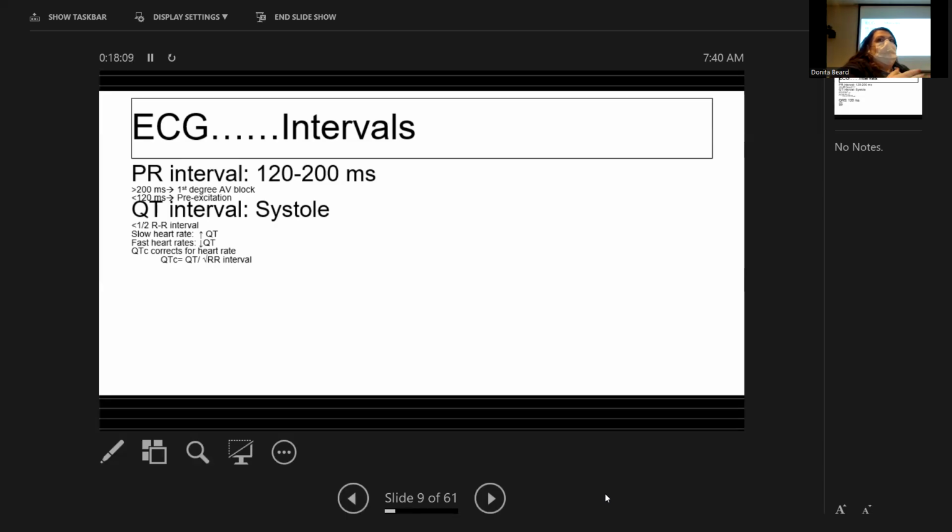The eyeball test is if the QT interval is less than half of the RR interval, then it's probably normal. But if between the 2 QRS complexes the QT appears to be more than half of that, that's an easy rule, there may be QT prolongation.